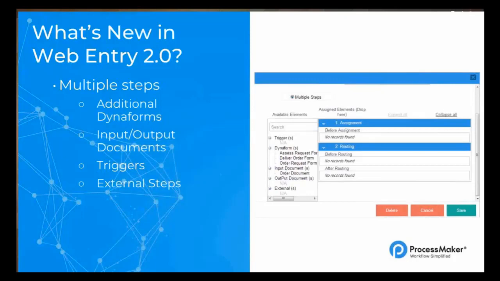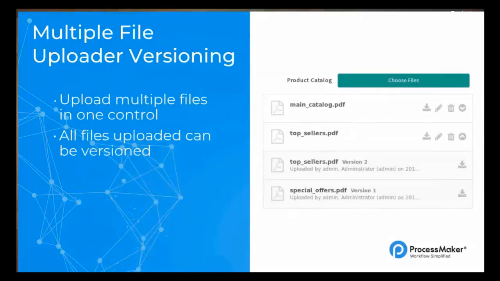For example, you can now autofill fields on Dynaforms before it's filled out by an external user, and send information back to your database using triggers. And users can now also complete external steps that you've customized using your own plugin, or download an output document generated with information from the Dynaform the end user filled out.